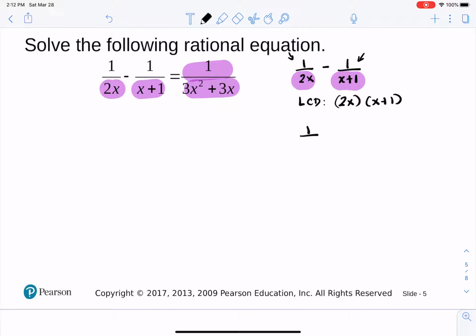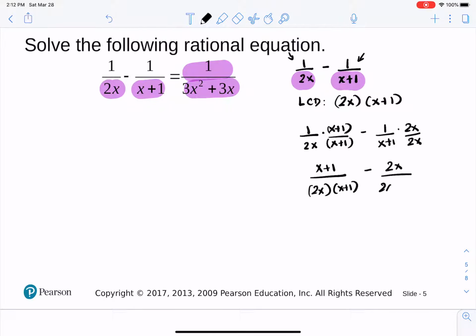So I am going to multiply and divide the first fraction by x plus 1 and the second fraction by 2x. So I would have x plus 1 divided by 2x times x plus 1 minus 2x divided by 2x times x plus 1.